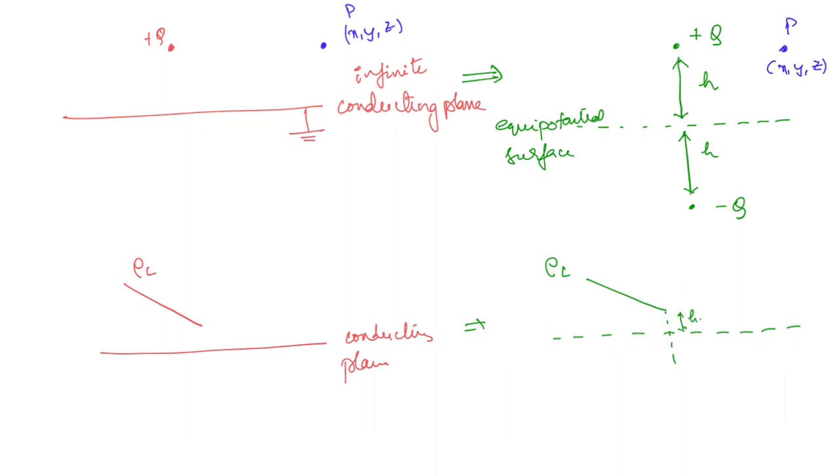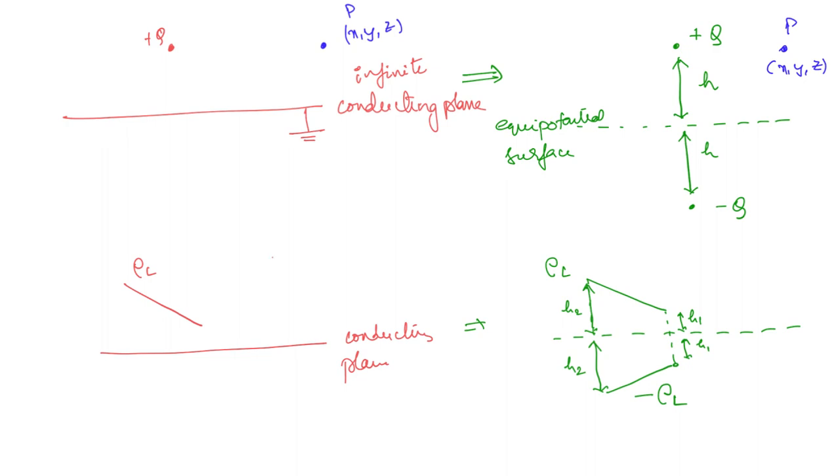Let us say this is H1, so at H1 it is going to start, and this is H2. Here also at distance H2 the other end will be there, so the line charge is going to be like this. What will be the charge density here? This is going to be minus rho L.